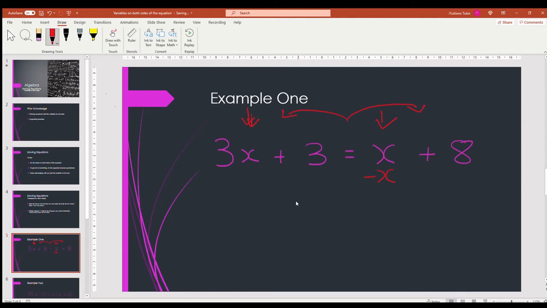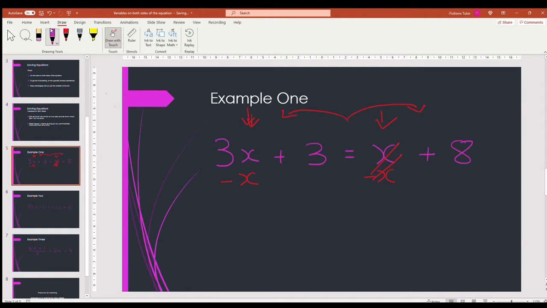By doing this, I've only got 8 left on this side, but then I must do the same on the other side. This gives us 3x minus x is 2x, plus 3, equals 8. And now what we have is a variable on one side of the equal sign and a number on the other side.